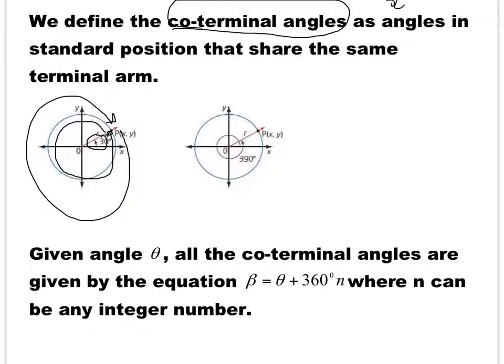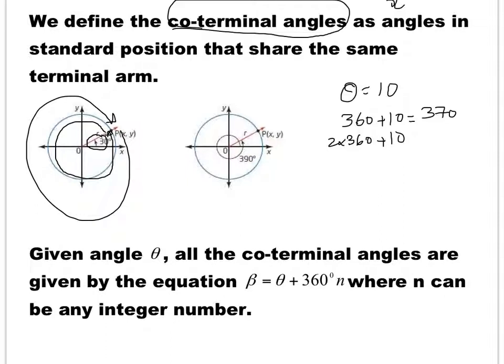For instance, if I give you one angle, theta is 10 degrees, I can tell you that another coterminal angle is 360 plus 10, which is 370. Or I can say another one is 2 times 360 plus 10. Instead of going one time, I can go twice around the circle.